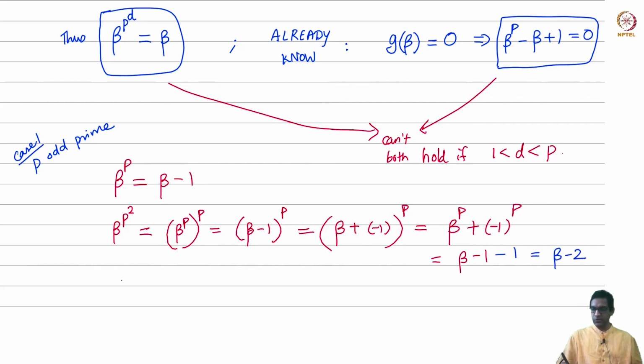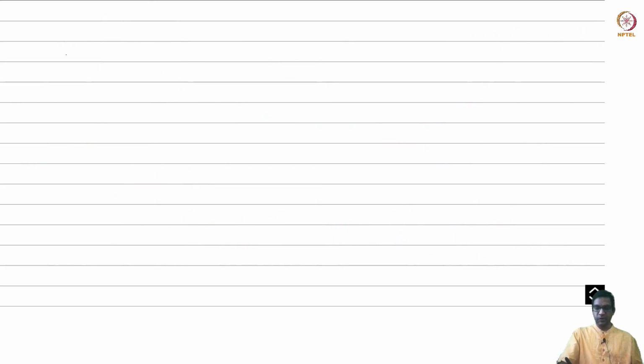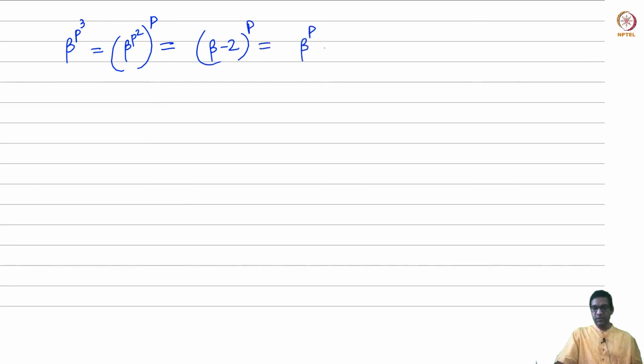Now you can already see how this is going to go. If I compute the next power, beta to the p cubed is just beta to the p square the whole to the p. That's now beta minus 2 the whole to the p. And by the same token, this is beta to the p minus 2 to the p. But 2 to the p is just 2.